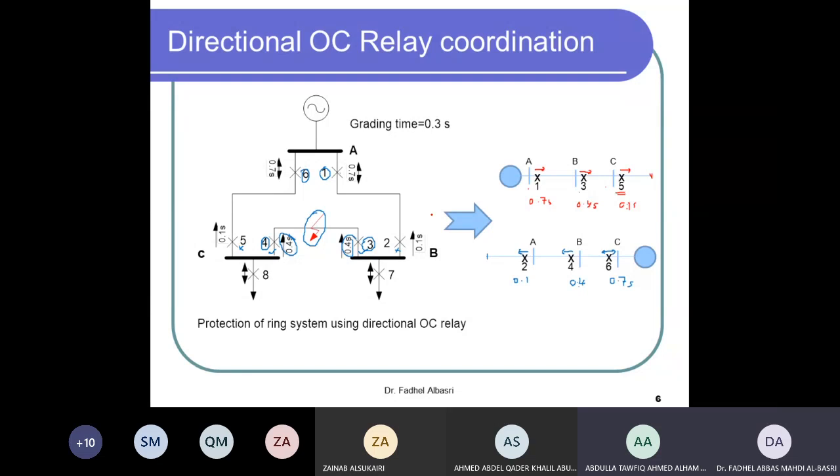And the current will flow like this. The current direction is here, opposite to the trip direction. Although there is a flow, it won't trip, because it's not in the same tripping direction. Okay, what was that? This is when it is 0.1 second, if it were non-directional.